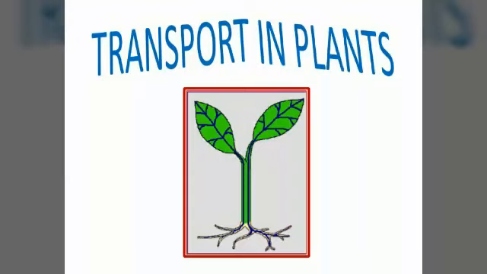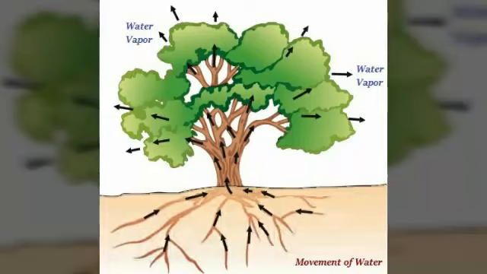As you know, different types of activities occur in plants, like transpiration, photosynthesis and respiration also. For respiration, plants need oxygen. For photosynthesis, they need carbon dioxide.